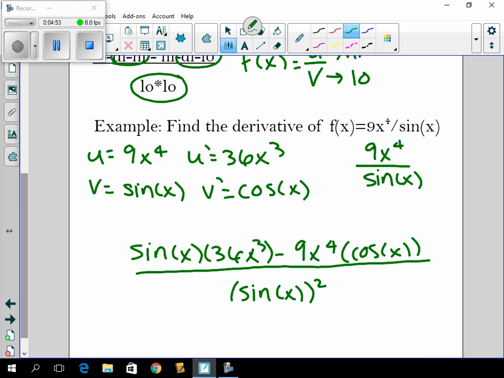And this is all equal to f prime of x, our derivative. And so we could simplify this if we want, but I can just leave it like that because I don't need to simplify it when it's kind of this messy.